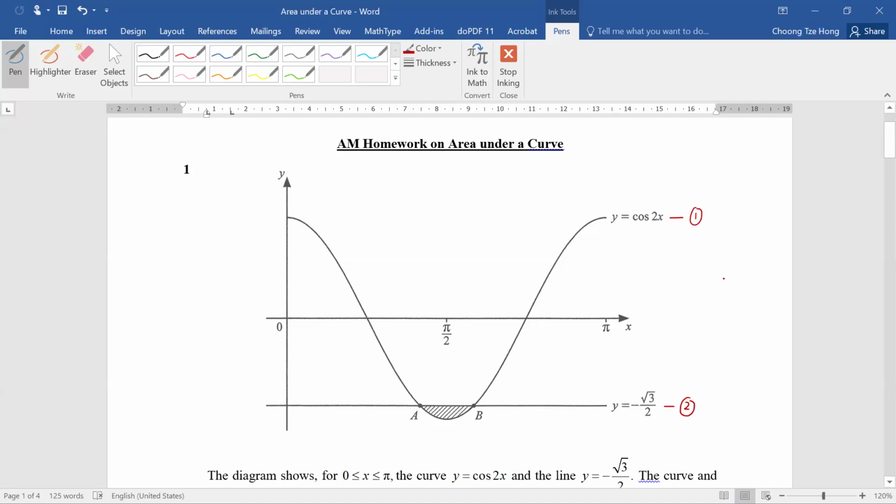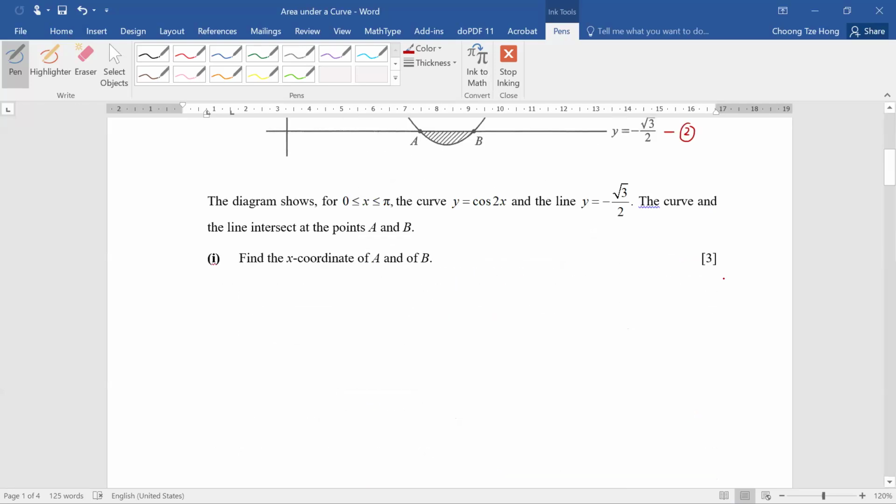We are just going to equate equations 1 and 2. So we will have cosine 2x equals negative square root 3 over 2. This is basically just like solving a normal trigonometric equation.